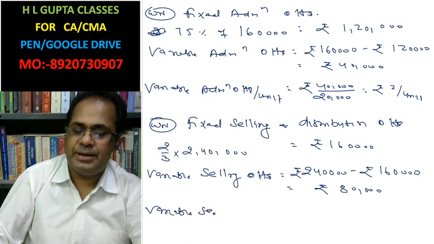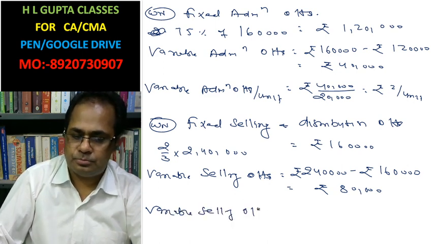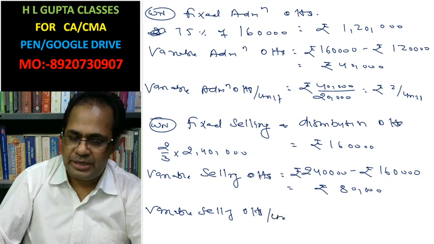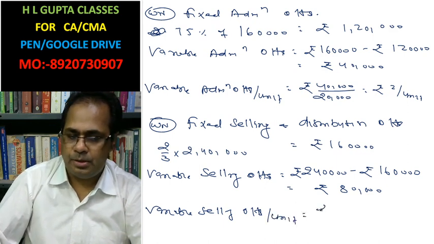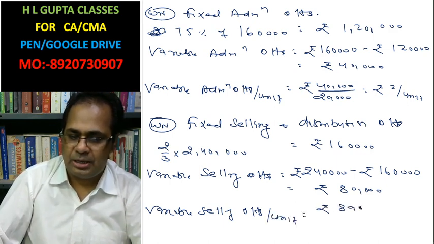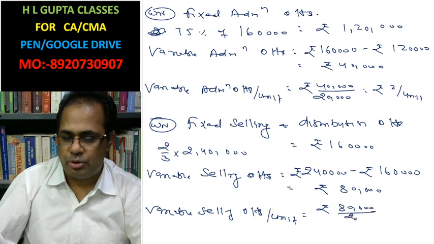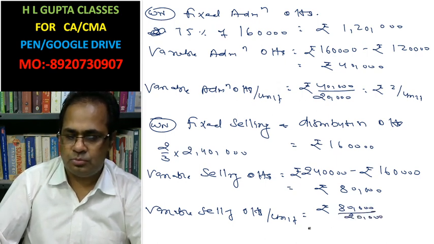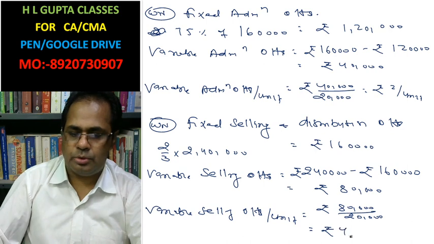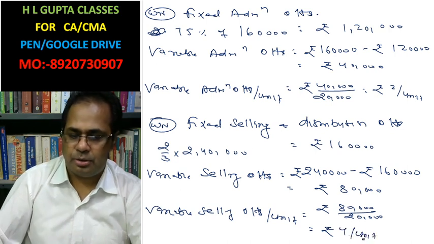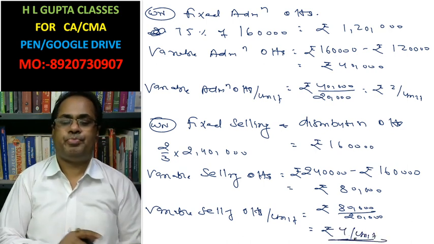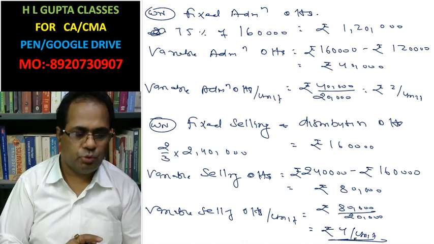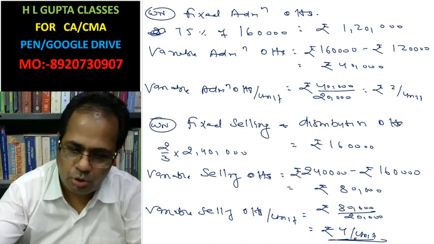Variable selling overhead per unit is rupees 80,000 divided by 20,000, which is rupees 4 per unit.